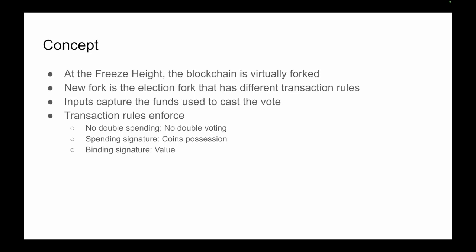We're not going to have even blocks created, but it's just to mark the transition towards a new set of rules that are only applicable for the messages that the organizer of the vote, the election, receives. And the rules of that particular virtual fork depend on the election properties.